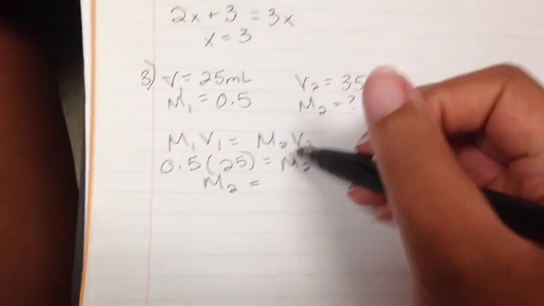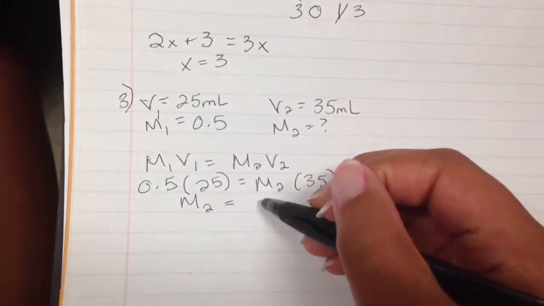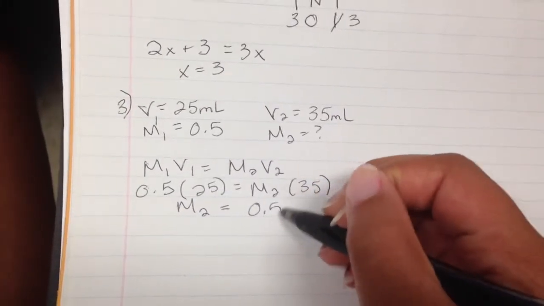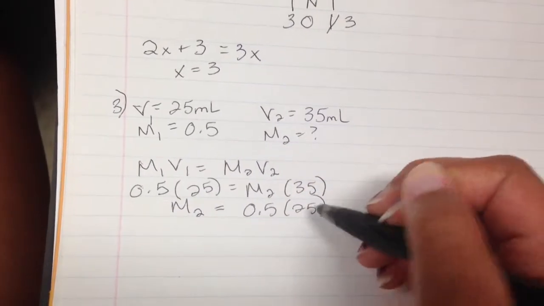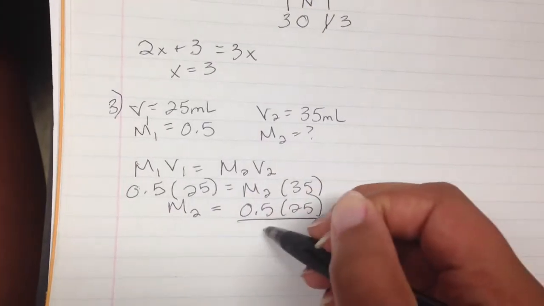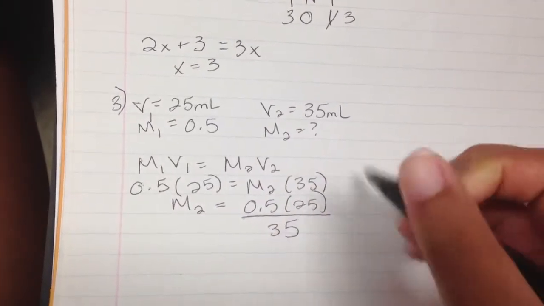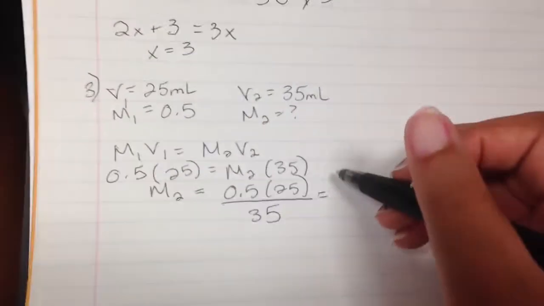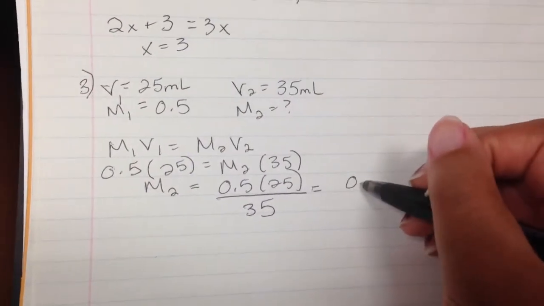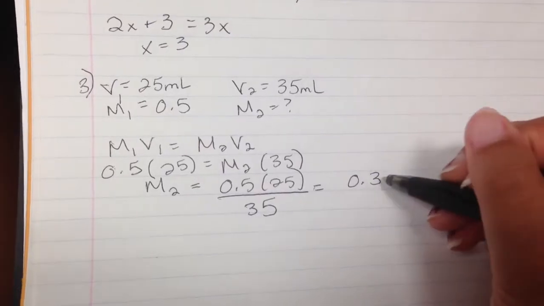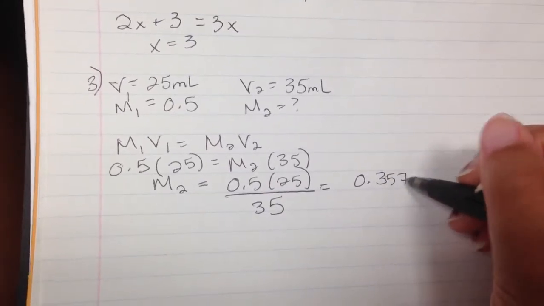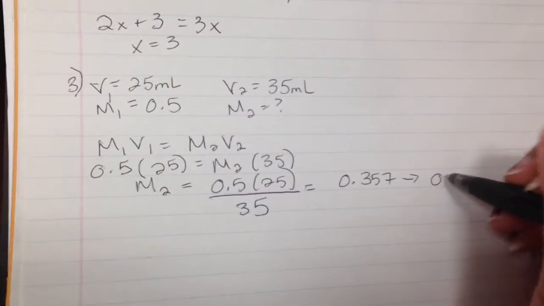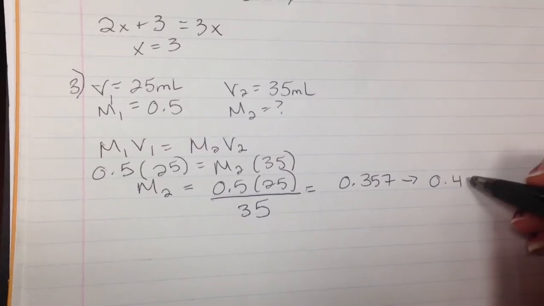Okay, so M2 equals, so the molarity will be 0.357, and then with sig figs, it'll be 0.4 molar.